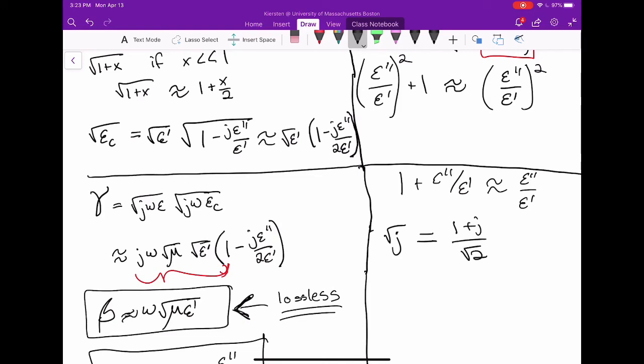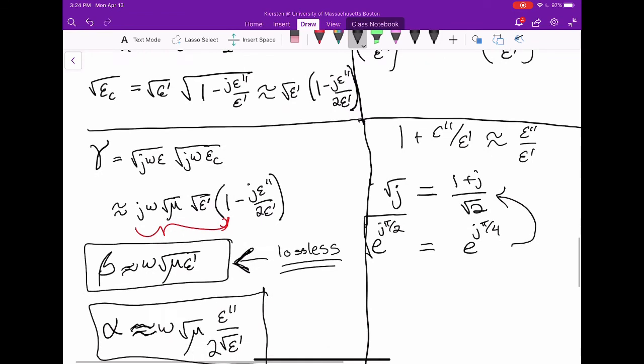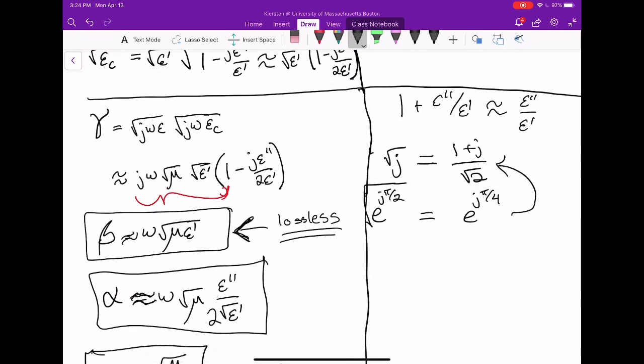If you don't believe me, think about these in exponential form. J is e to the j pi over 2. So if you take the square root of e to the j pi over 2, that is e to the j pi over 4, which it turns out is 1 plus j over root 2, if you remember your sines and cosines. So anytime you take a square root of j, you get 1 plus j over root 2.